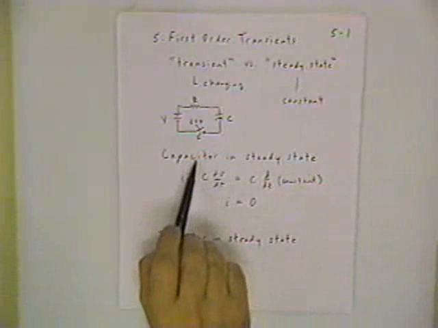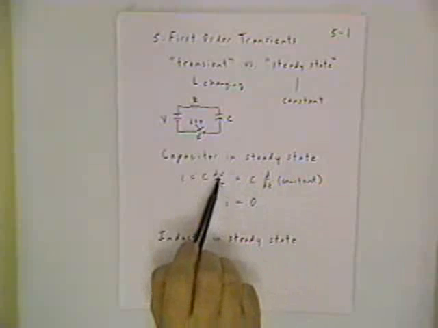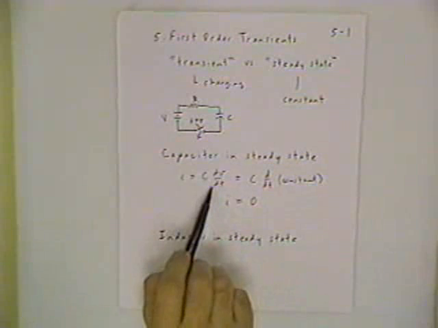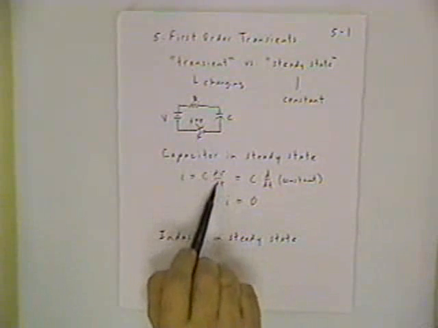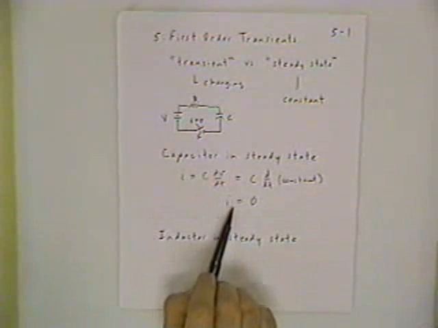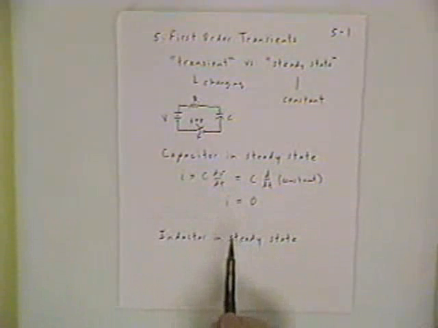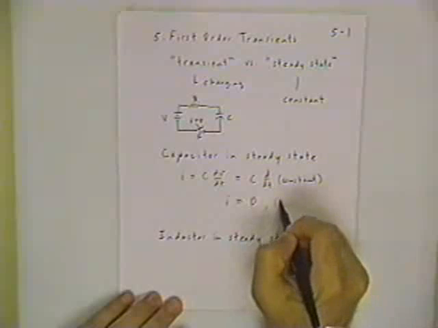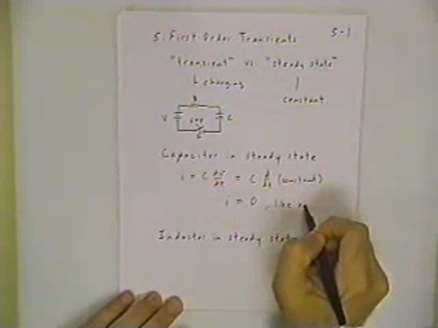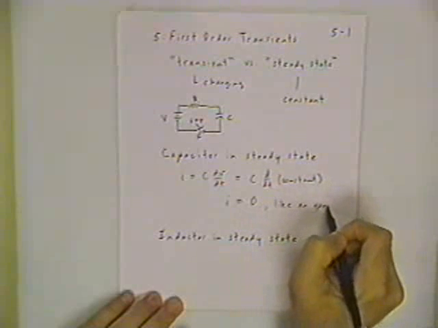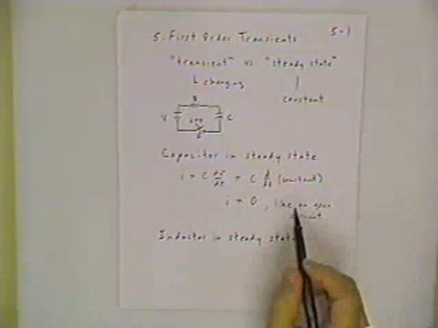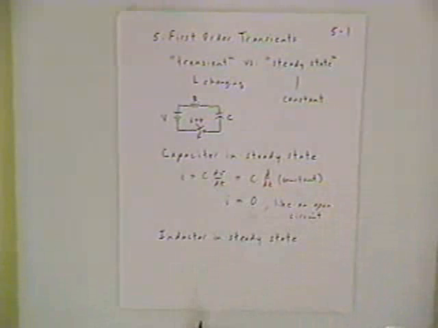That is, if a capacitor is in steady state, whether it has 0 volts on it or some finite DC voltage, that voltage is no longer changing with time, so this derivative disappears, and we get current through a capacitor is equal to 0. It's like an open circuit, in the sense that you can have a voltage across the capacitor with no current going through it.